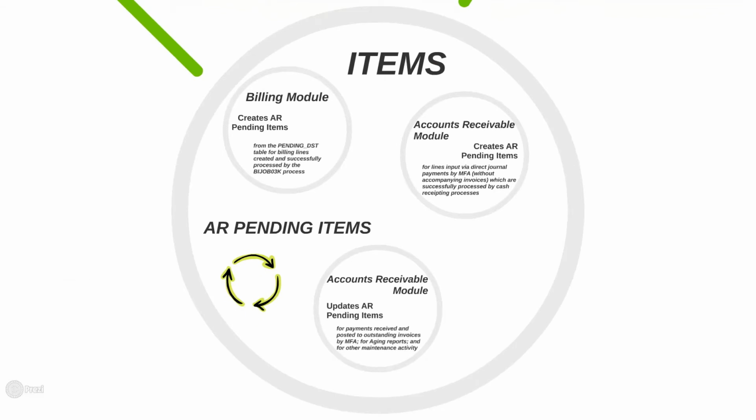So items essentially are accounts receivable, and they come from different sources in the system. So far we've been talking about the billing module and creating a bill, and there's an item associated with every bill. Other ways that items get in the system: when an organization bills a customer and they don't use PeopleSoft, but we're receiving the cash and we record the cash in PeopleSoft.